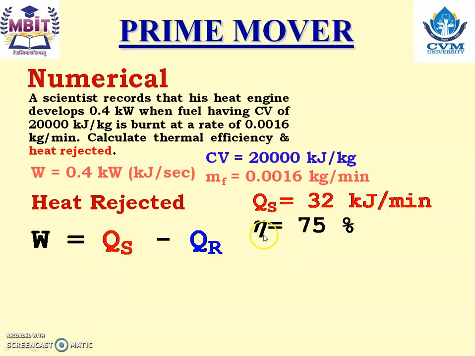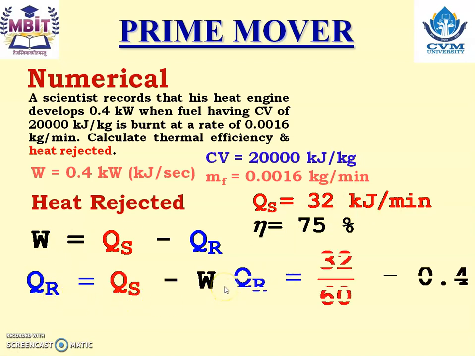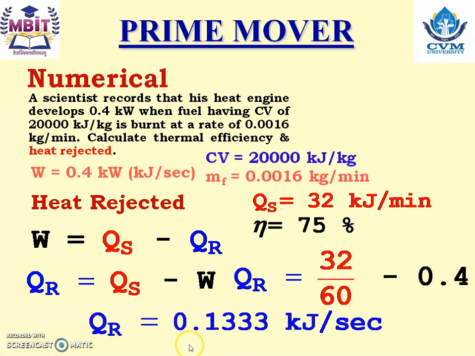So we have to take care of units. So QR is equal to QS minus W, and that is equal to 32 by 60. It means we have converted kilojoule per minute into kilojoule per second, and work done is only in kilojoule per second. Now we can do the subtraction and we will get the correct answer. And that is equal to 0.133 kilojoule per second.